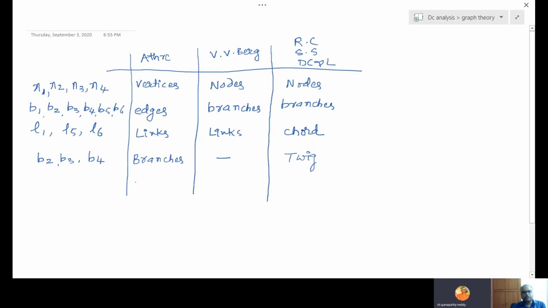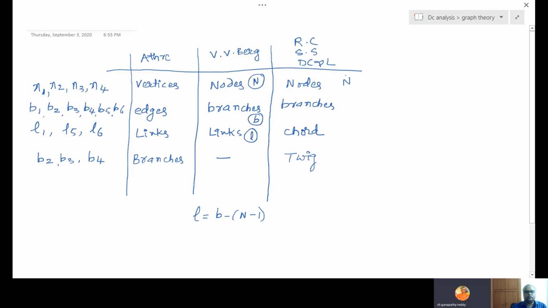So this is the confusion in terminology when you read different books. Nodes with N, branches with B, links with L. What is the relation? L equals B minus N plus 1.